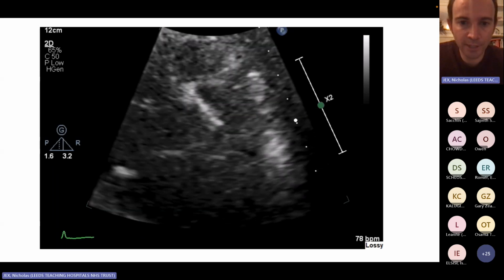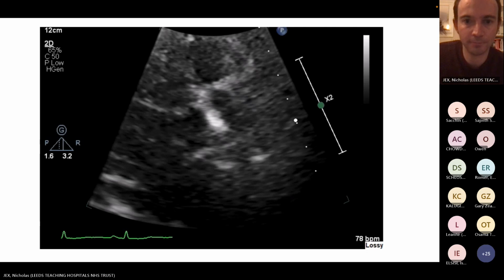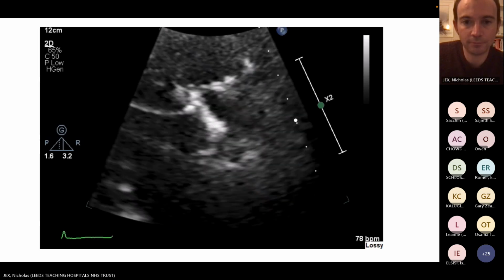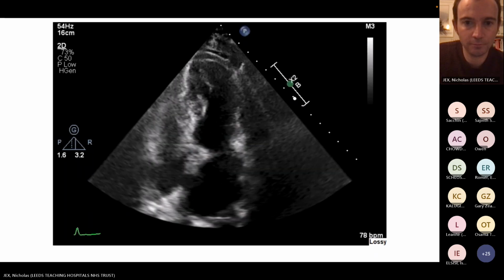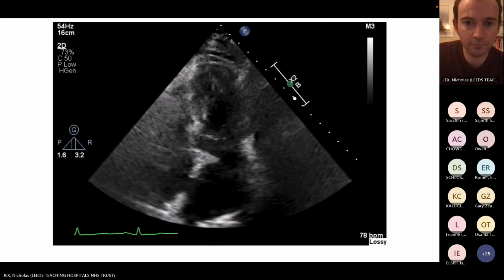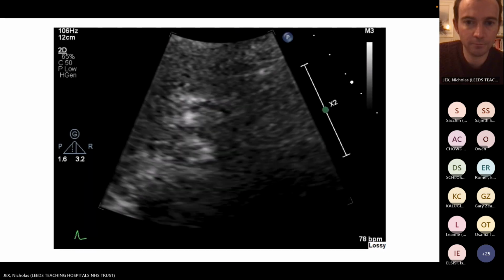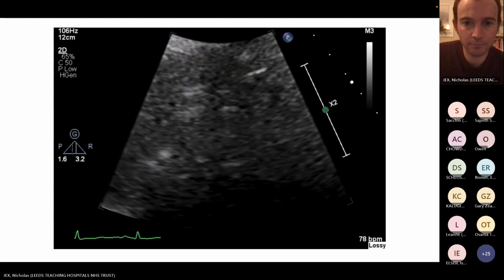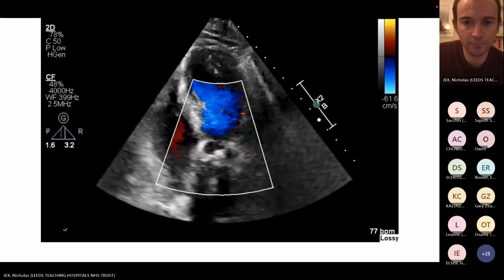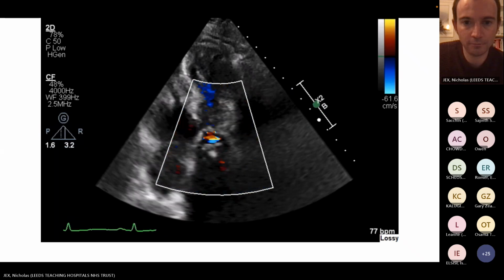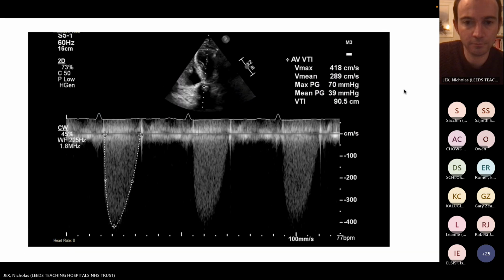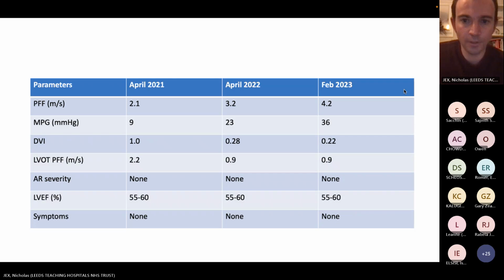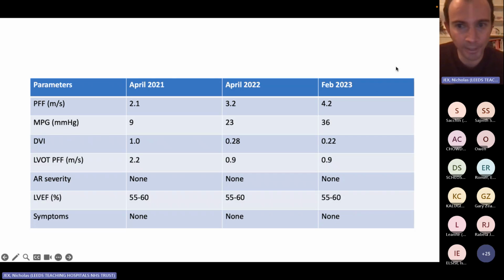This is a third echo, February 2023. And actually you can see, from the third follow-up echo in February of last year, again, further increase.